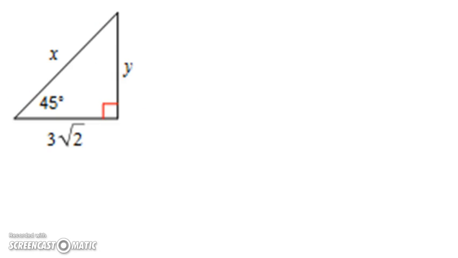Now, once again, things may get a little more difficult here. In this example, we have our leg, which means that we also have this leg, but now we have a radical in our leg as well. So here's our x radical 2. That was our x. That was our x.